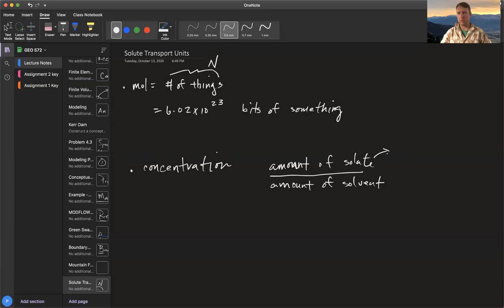All right, so the solute is dissolved inside a solvent. So for us, our solvent is almost always going to be water. So e.g. water.